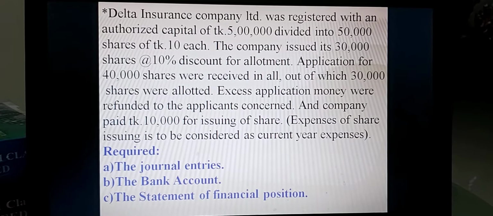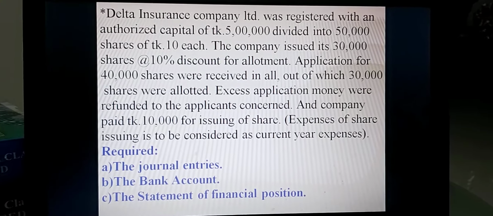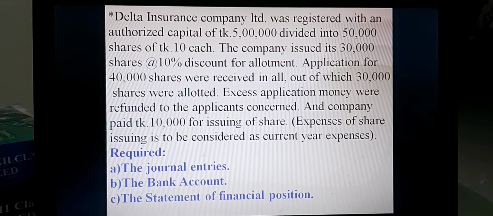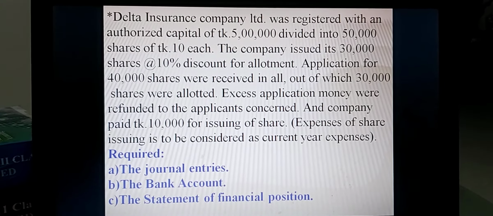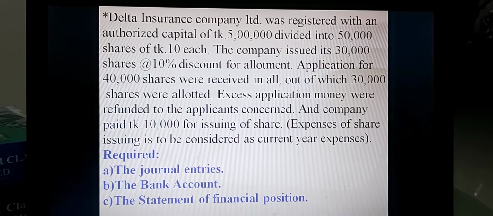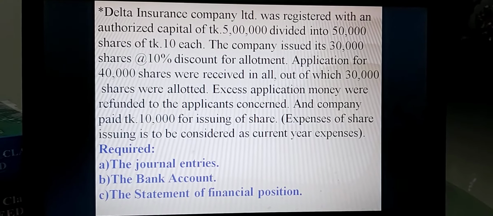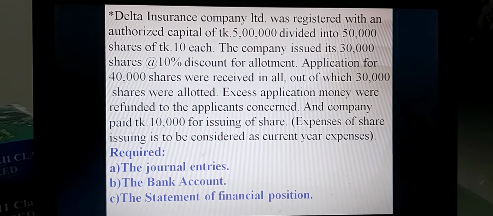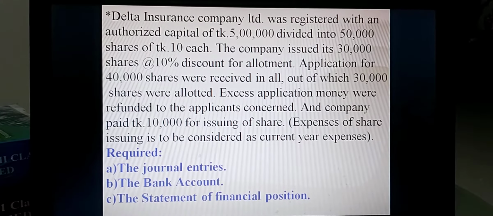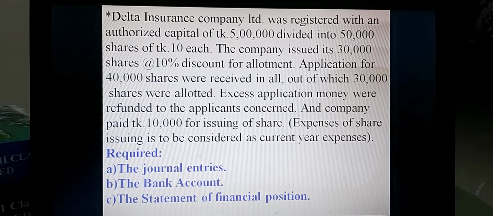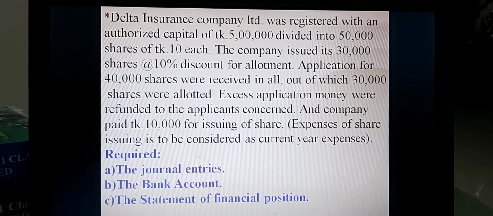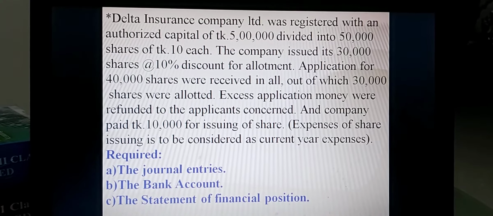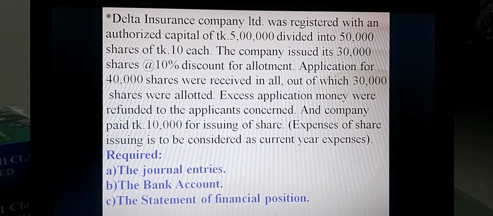Dear students, in the slide you are watching the new content. You can write it in a hurry. I read it: Delta Insurance Company Limited was registered with an authorized capital of Taka 5 lakh divided into 50,000 shares of Taka 10 each.